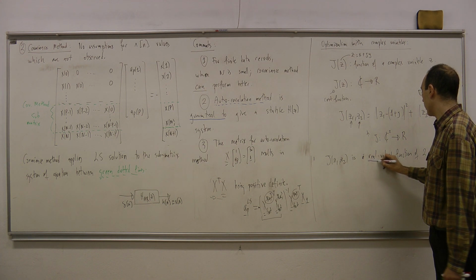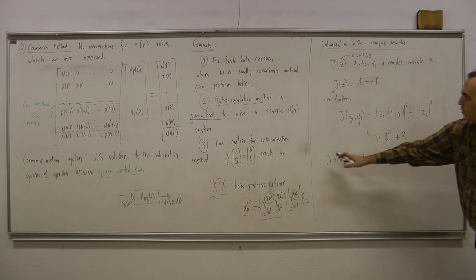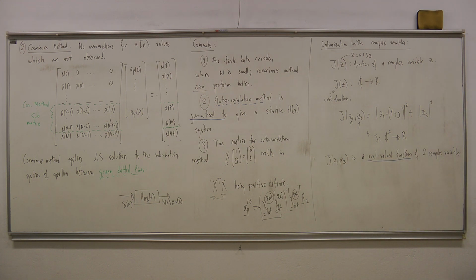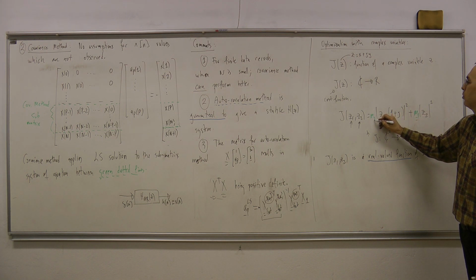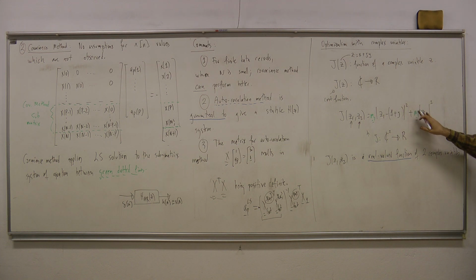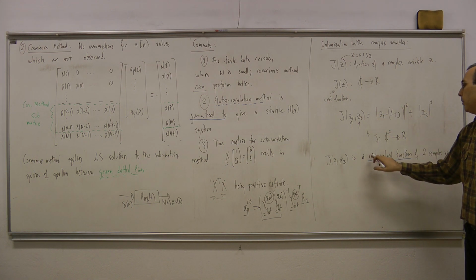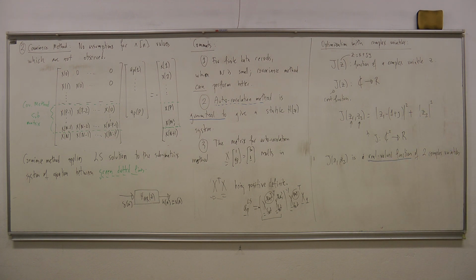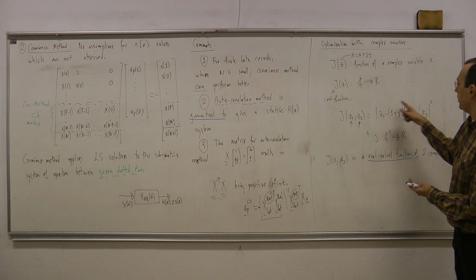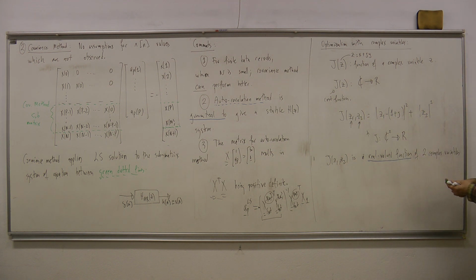So this is a real valued function: in the range of this function, I have real values. So this can be different. This can be a matrix valued function of two complex variables. Okay? Maybe I'm just multiplying these quantities by matrix 1, matrix 2. Then at the end, you have matrices. So this can be a matrix valued function. On the range of that function, you have matrices at that time. Now, if this is the case, now you want to optimize this. If a real valued function of two complex variables is the cost function.